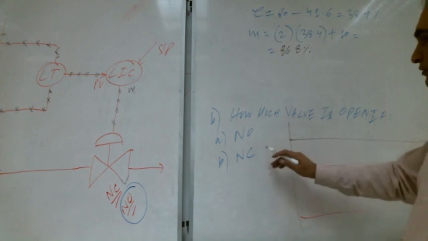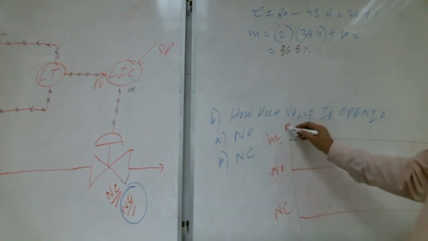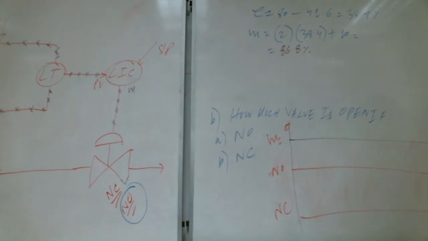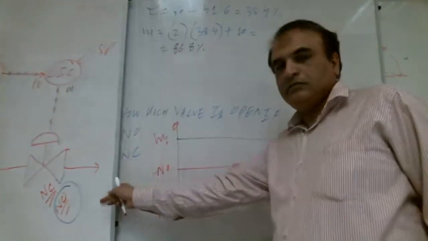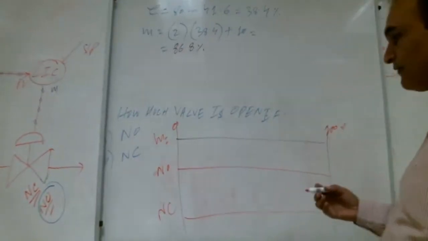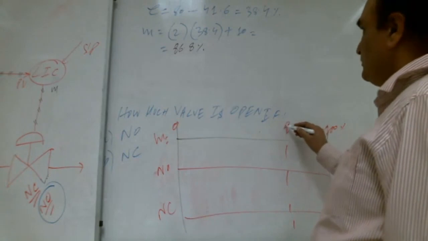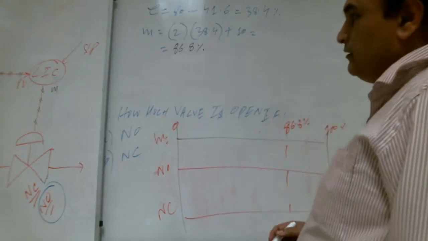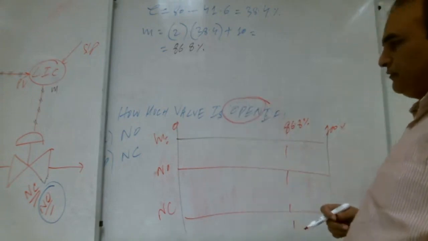This is normally open, this is normally closed, and this is the signal 0 to 100%. And 86.8% will come here, and we need to know how much it is open.